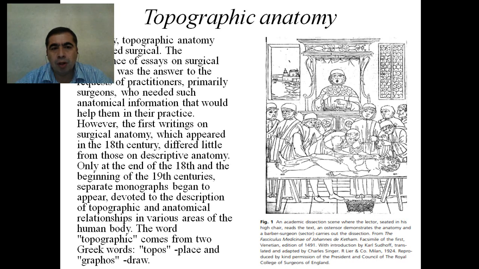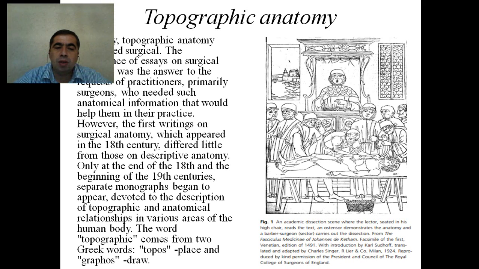The appearance of essays on surgical anatomy was the answer to the request of practitioners, primarily surgeons, who needed such anatomical information that would help them in their practice. However, the first writings on surgical anatomy, which appeared in the 18th century, differed little from those on descriptive anatomy.